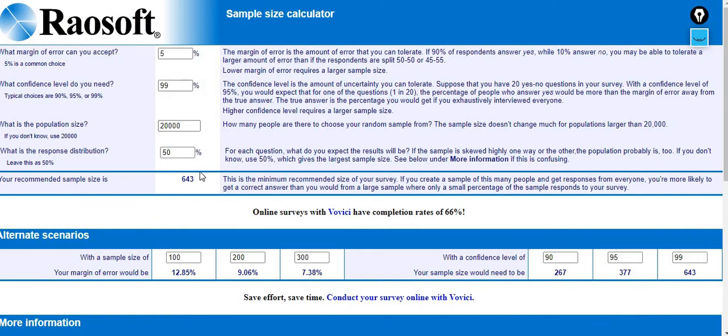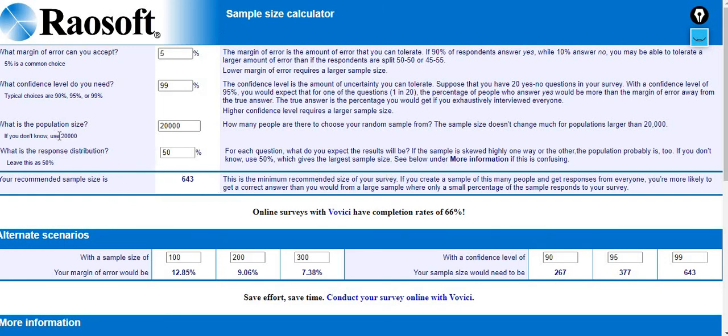Take a look. If our population is 20,000, this is the sample size that we would have. Now, they say that this is the minimum recommended size of your survey. If you create a sample of this many people and get responses from everyone, you're more likely to get the correct answer than you would get from a large sample where only a small percentage of the sample responds to your survey. So this is only a recommendation, but it is better if we get more.